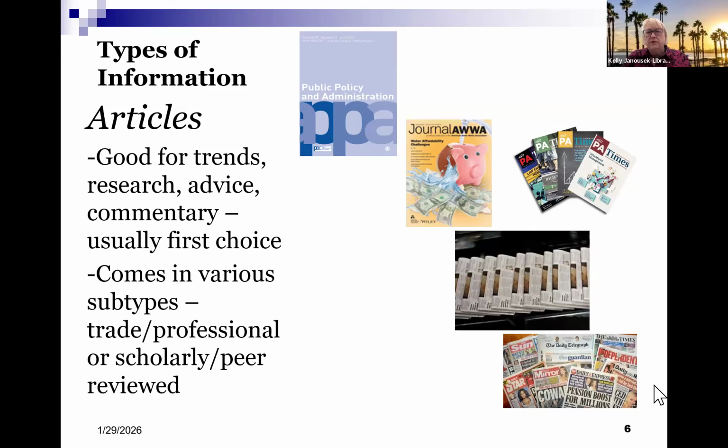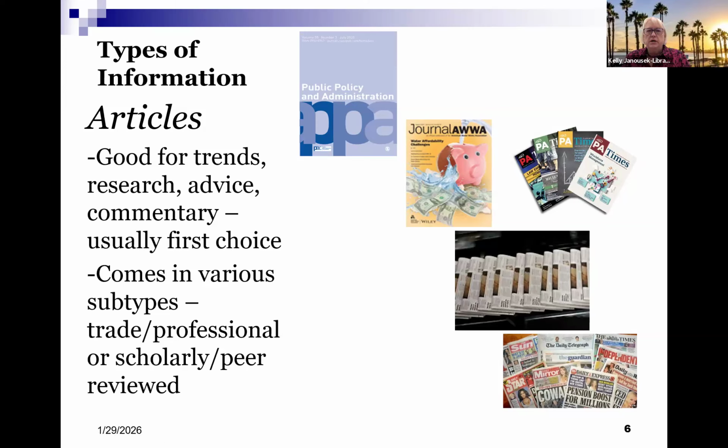The next one up is my favorite for you guys, what I call trade or professional journals. You see, Journal of ABA, American Water Works Association, or the PA Times, the Public Administration Times. These are journals or professional magazines put out for professionals in their association. I have several in my profession, and I read them because I've got the research ones and I've got the applied ones.